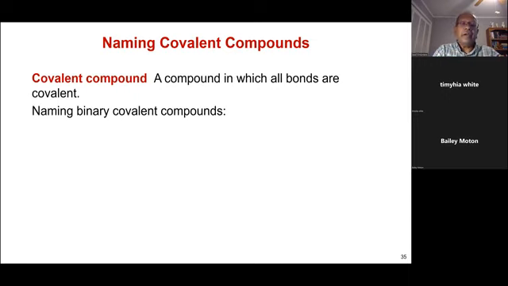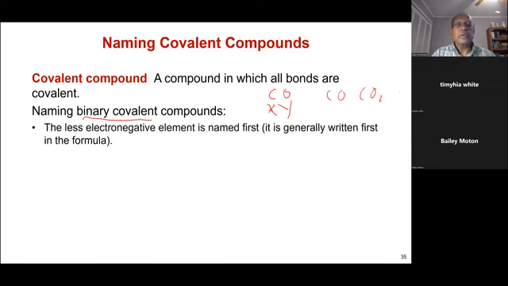Let's look at how we name binary compounds. Binary is 2 elements, XY. X is one element, the other one could be oxide, carbon monoxide, carbon dioxide.